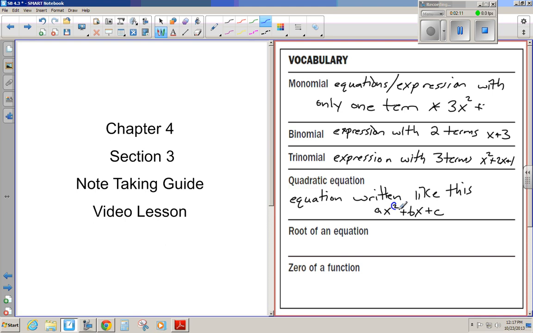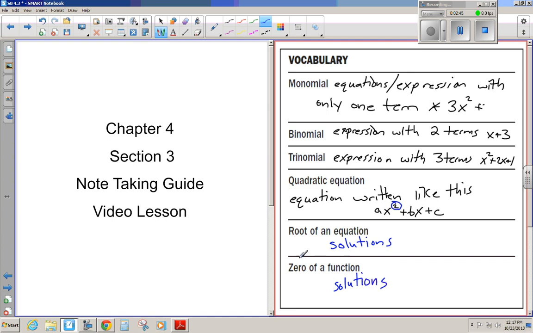It has to have a squared. That's the highest exponent, and everything else has to be fairly nice looking. So roots of an equation are basically the solutions, and zeros of a function, basically the same thing. They are the solutions.